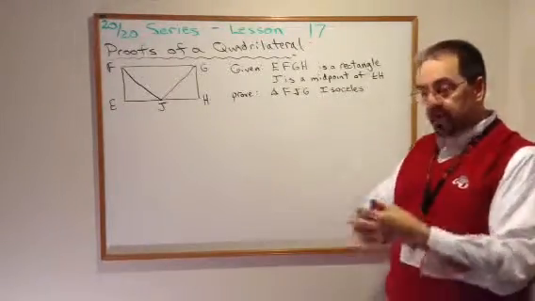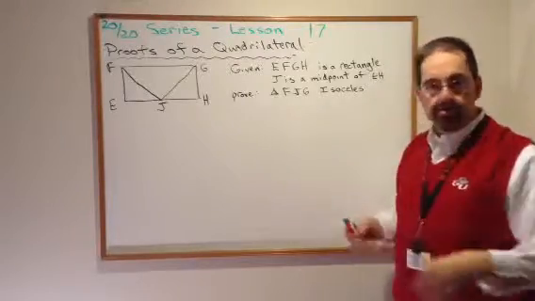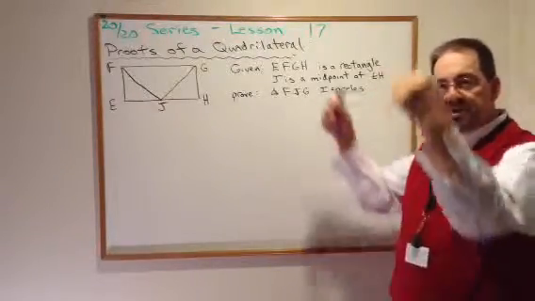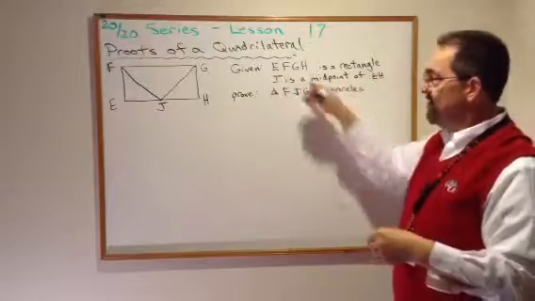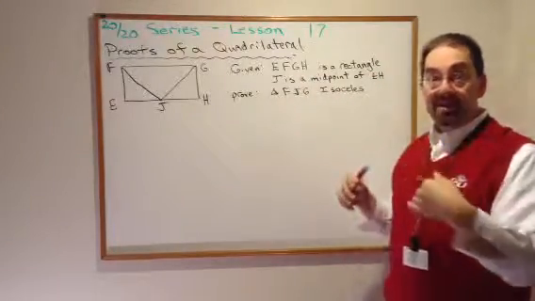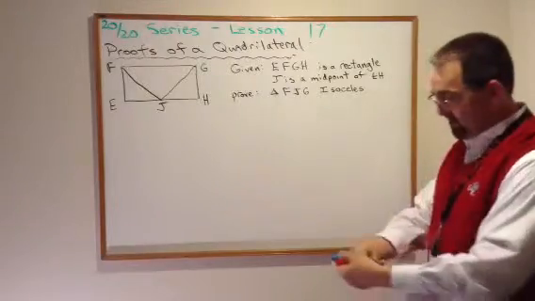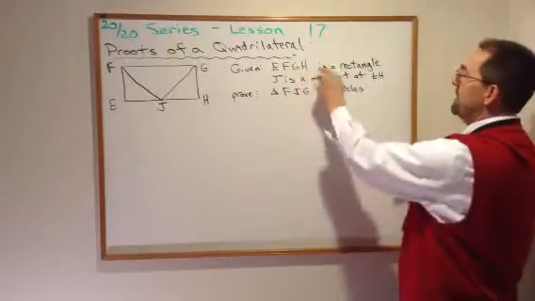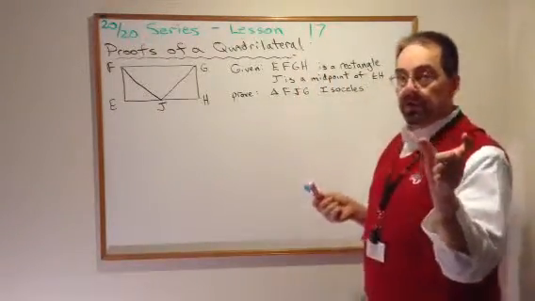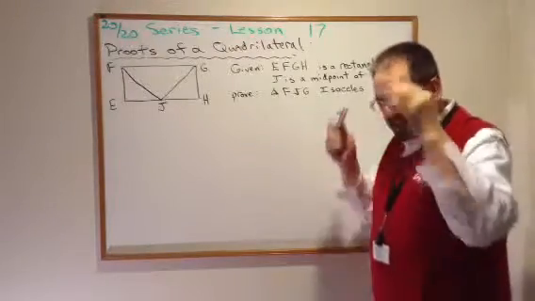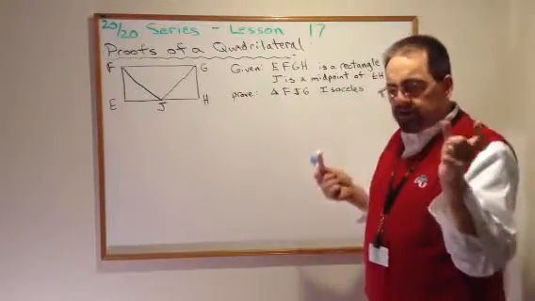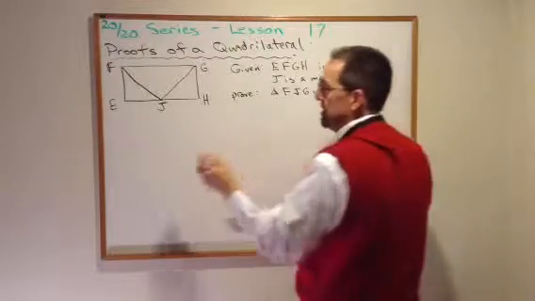During the EOC, get yourself some highlighters, some colored pencils, mark this stuff. Once you get it all marked on the given, I think it makes it easier to see how to get from the given to the proof. So the first thing we'll do, EFGH is a rectangle. If you remember back a couple lessons, all the characteristics of a rectangle.